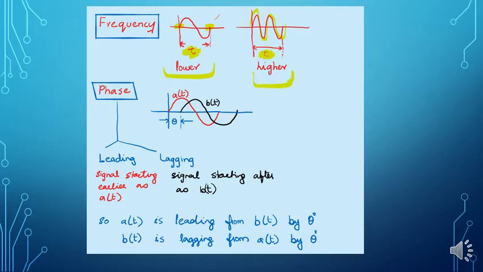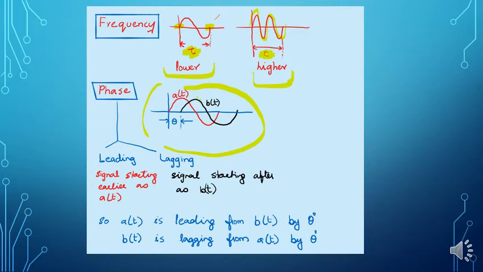Now the third thing, which is very important, is the phase. What is the phase of our given sinusoid? If we consider this example, it has two waveforms, one represented by a red line and the other by a black line.